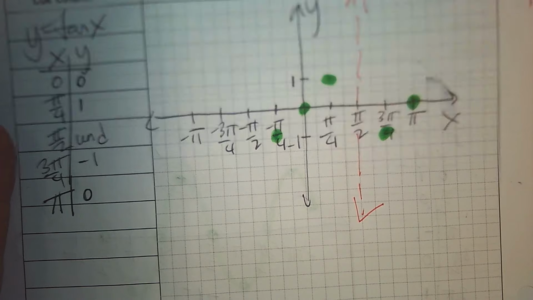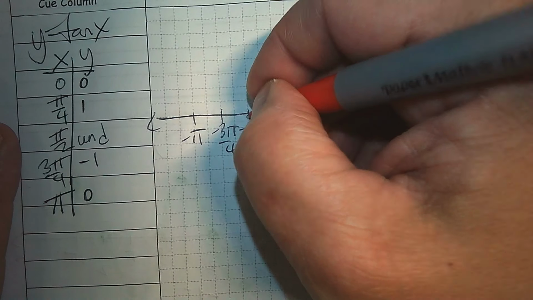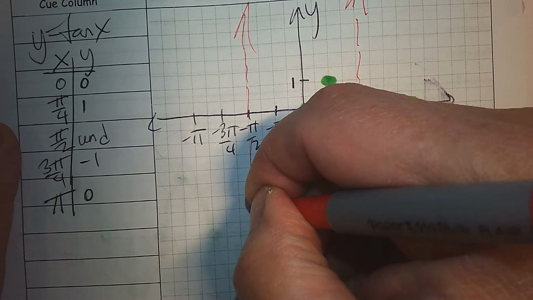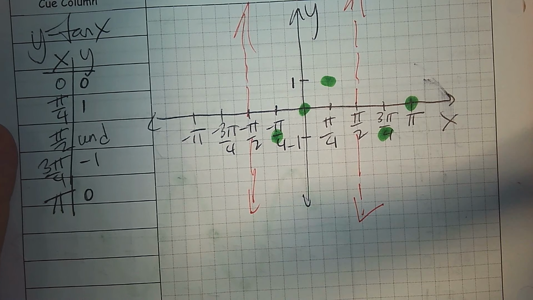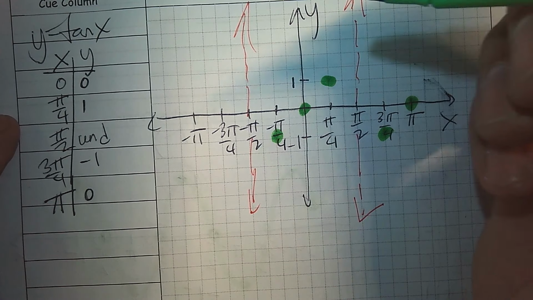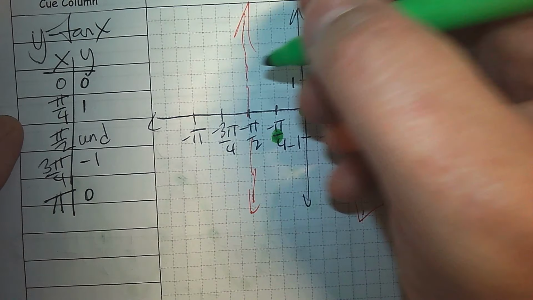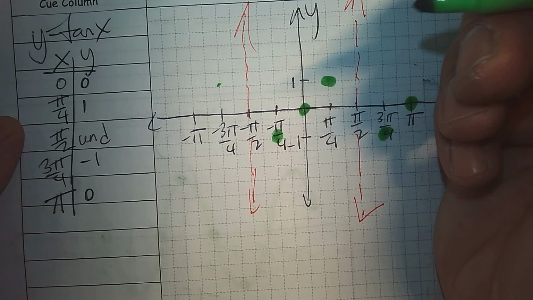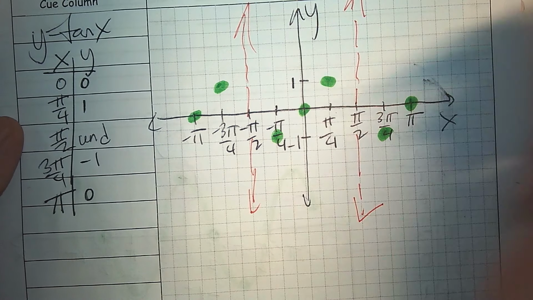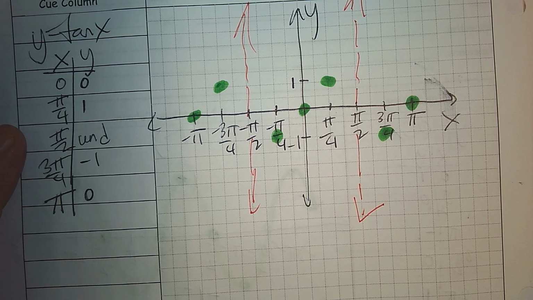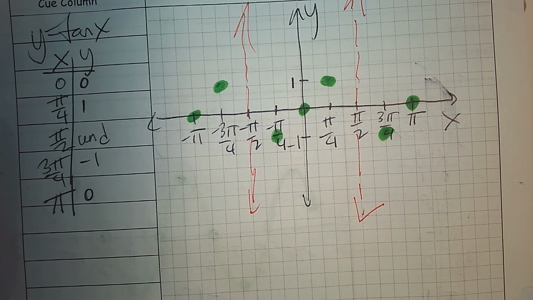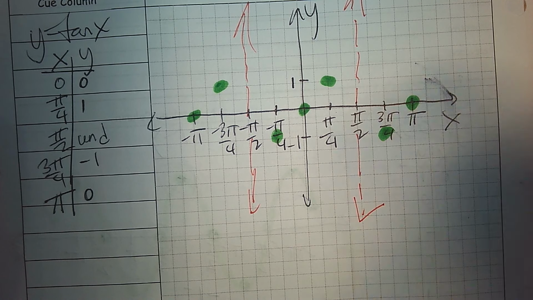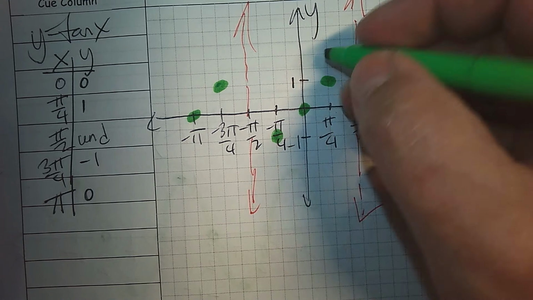We're going to follow this pattern to the left and to the right and see what picture this creates. Not a wave. The picture a tangent creates is like a cube function.